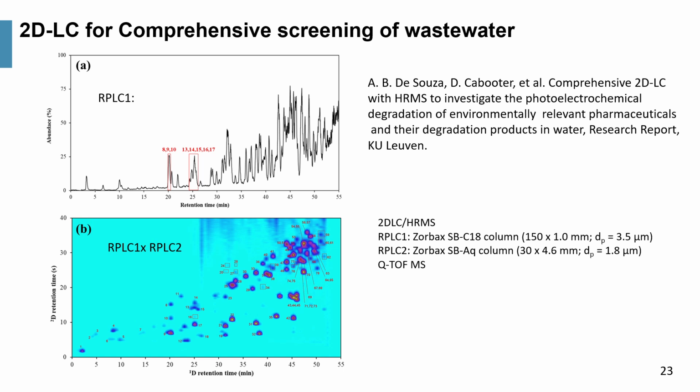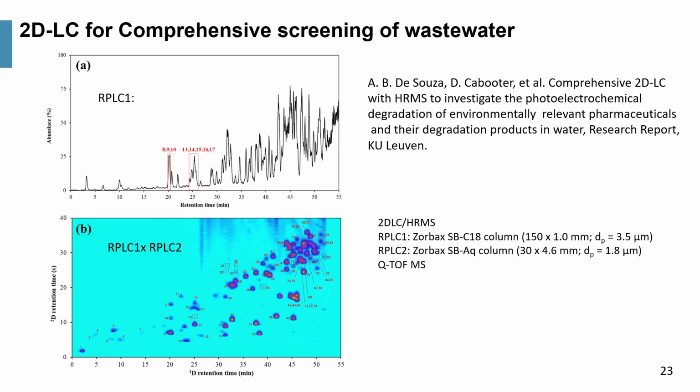This slide demonstrates the use of two-dimensional LC for comprehensive screening of wastewater. There's a very active environmental chemistry program at KU Leuven in Belgium, where this publication shown here was documented.